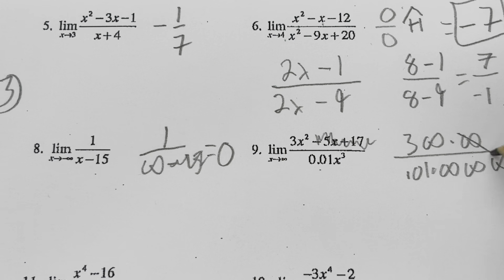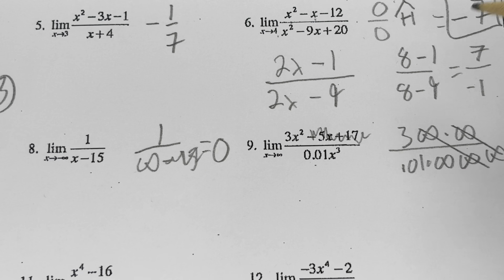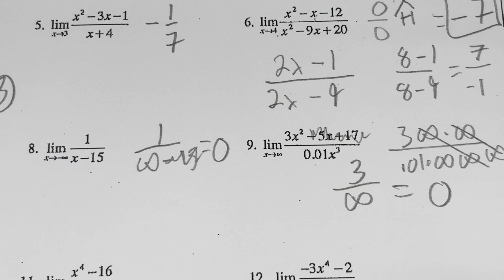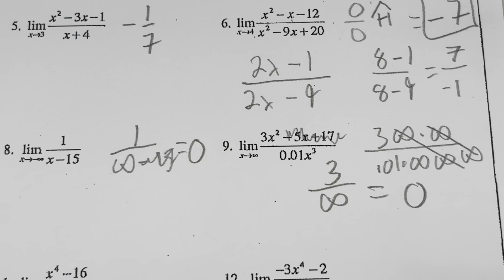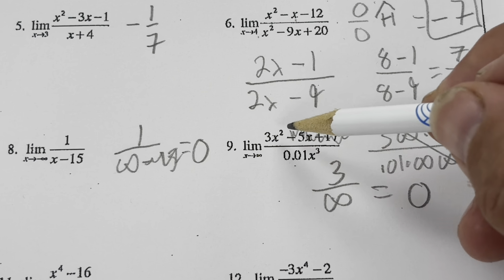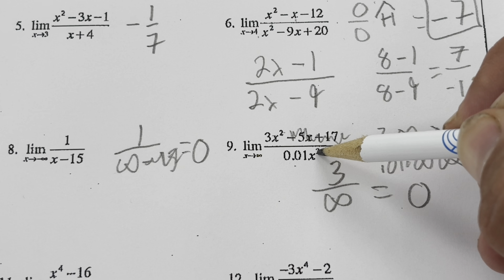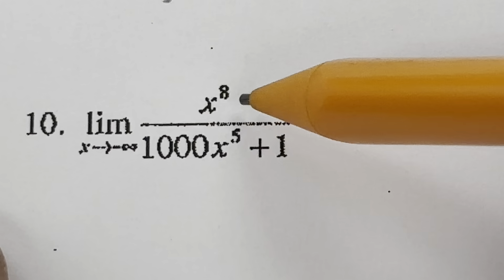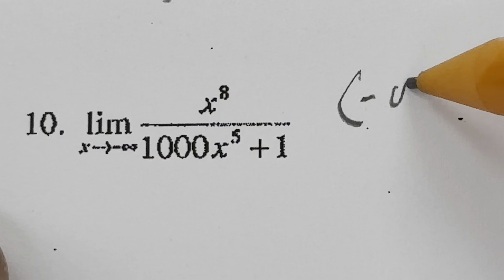And notice, these two infinities cancel out, so that would give us 3 over infinity, which would equal 0. Again, the rule for horizontal asymptotes, the degree of the top is smaller than the degree of the bottom, so it would be 0.